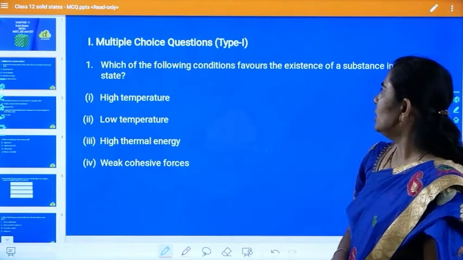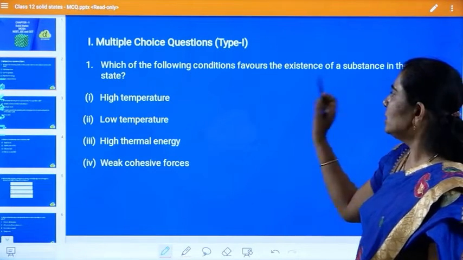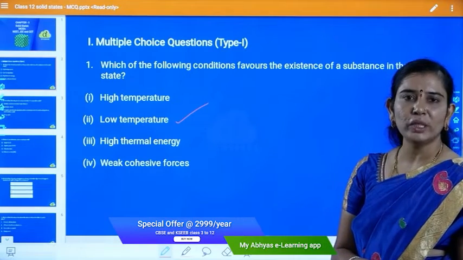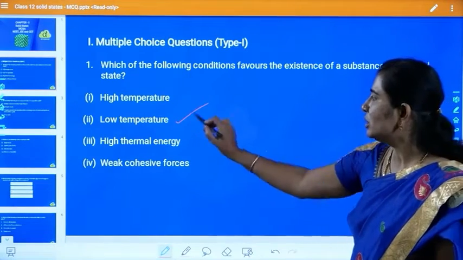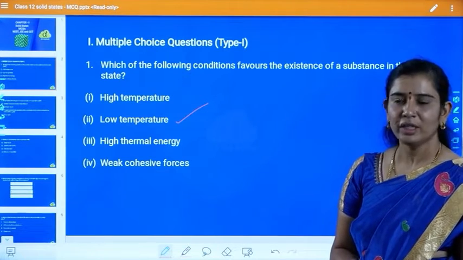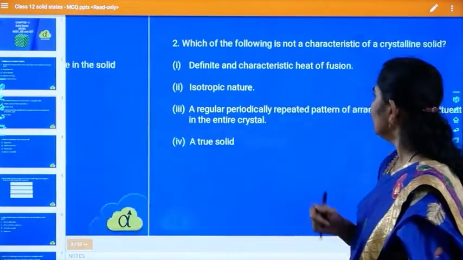Among all these conditions, the condition which favors the existence of substance in the solid state is option 2, that is low temperature. Students, please don't get confused. This is the correct answer for this question. I hope you understood, right? Okay, fine. Now I'm going to take up the next question.